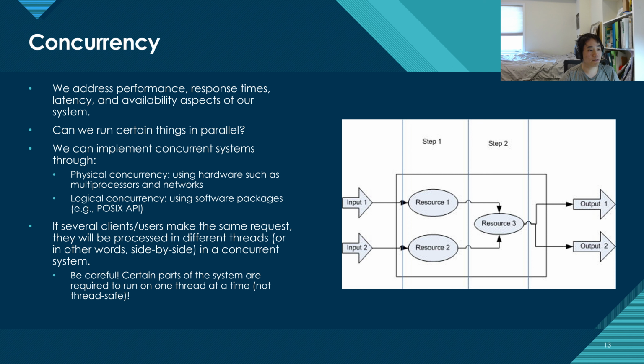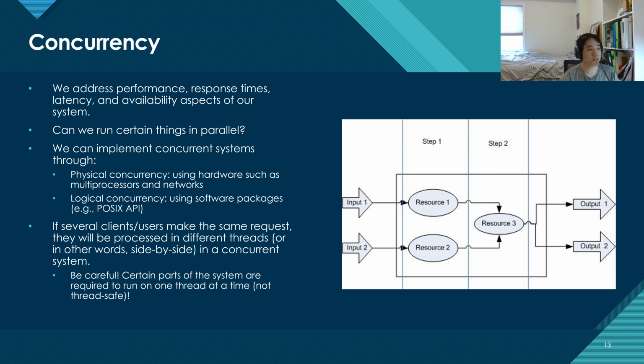Maybe in one step we can run different things in parallel. Maybe in some they have to meet up and we have to synchronize certain things, because certain parts of the system may require themselves to only run on one thread at a time.